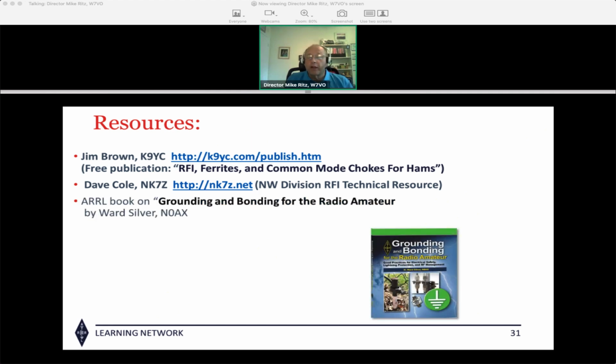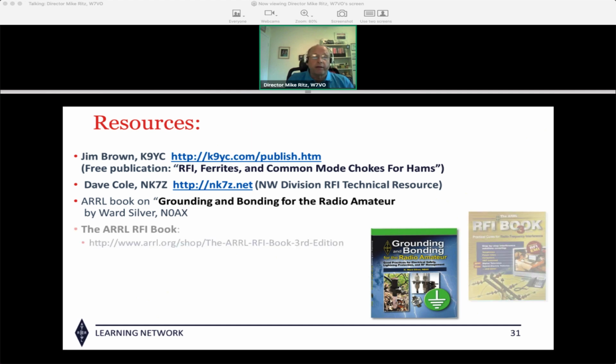There are also books you can get from the ARRL, not to be a commercial for the ARRL here. Grounding and Bonding for the Radio Amateur by Ward Silver, N0AX is a great addition to your shack, and I would highly recommend it. The ARRL also has a couple of RFI related books. One of them is called the RFI Book, right? And it's available for purchase.